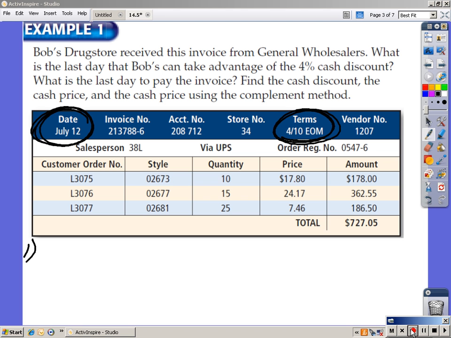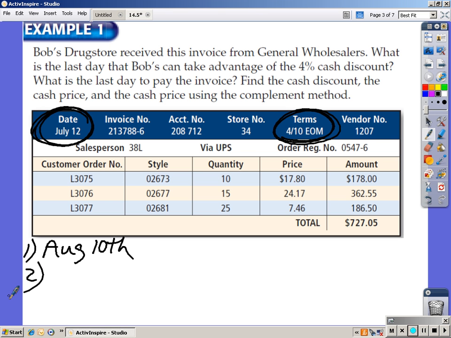Now, the date of the invoice is July 12th. Okay? So, you automatically go to the next month. And since it's 4/10 end of month, that means you get 4% off if paid within the first 10 days of the following month. Okay, so July, we go to August. August 10th is the last day to take the discount.